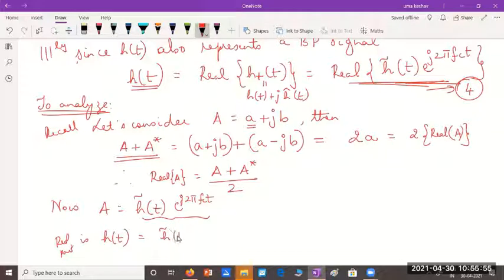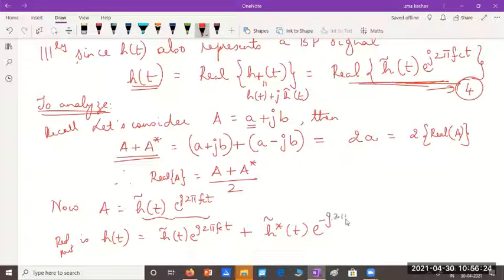A is h envelope of t e to the power of j2 pi fct, correct? And what is the conjugate of this? I can write the conjugate of h envelope of t as h star of h envelope of t. And what's the conjugate of e power plus j2 pi fct?